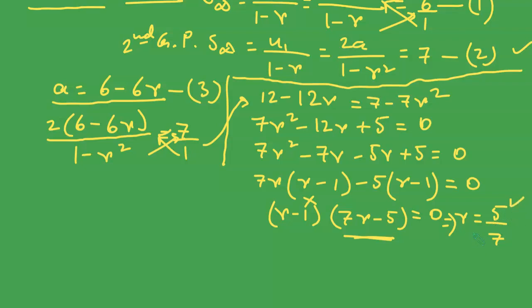Okay. So, now that we have found the numerical value of R, we have to get the numerical value of A, and we will be using this equation. So, it is A equal to 6 minus 6 times 5 over 7.